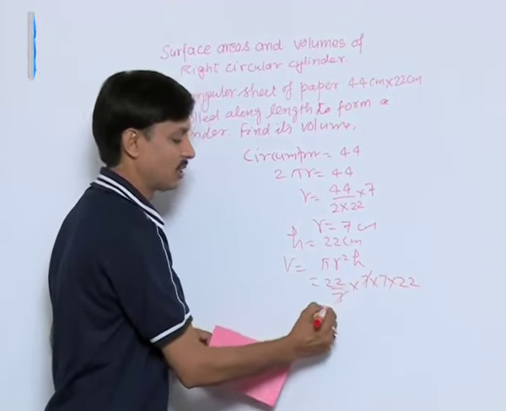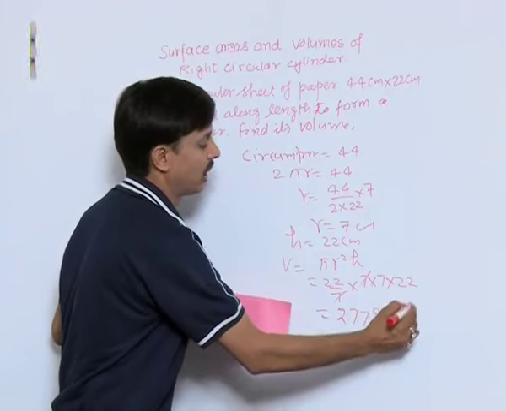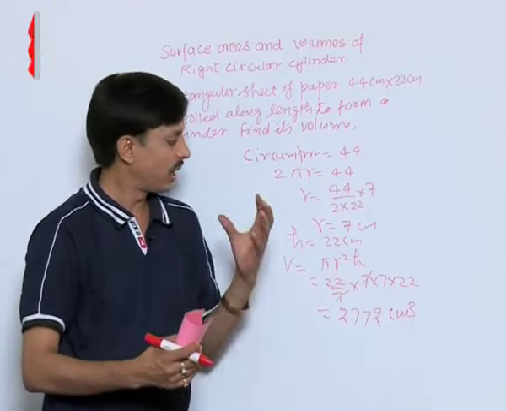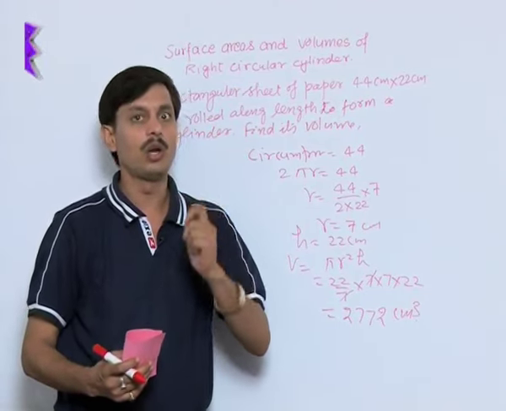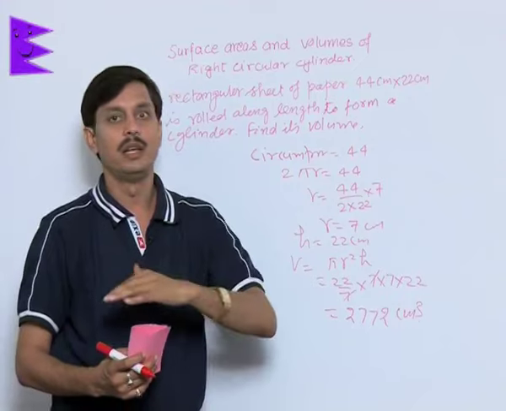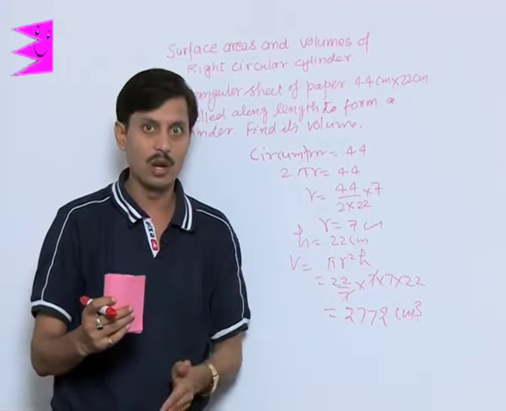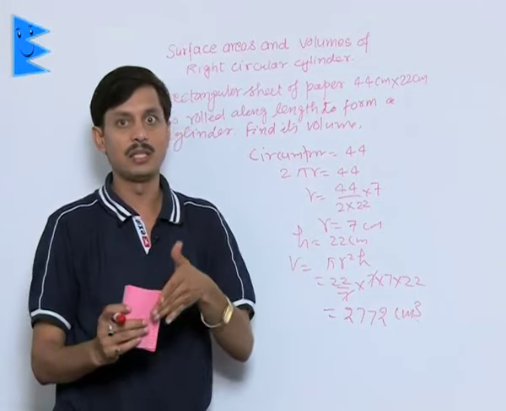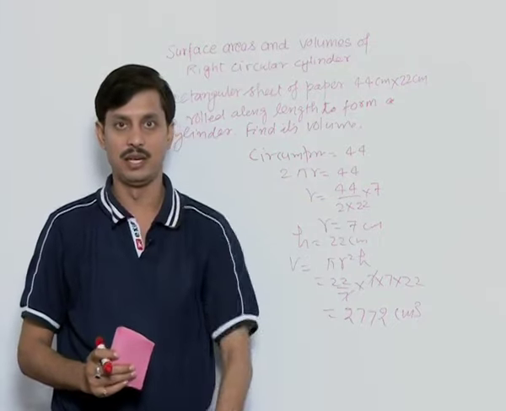So this is cancelled and the result is 2772 centimeter cube. So this kind of problem can be solved just by taking care along which side the sheet is rolled. If it is rolled along the length, length is circumference. If it is rolled along the breadth, then breadth will be circumference. If length is circumference, breadth is the height. If breadth is circumference, length is the height.